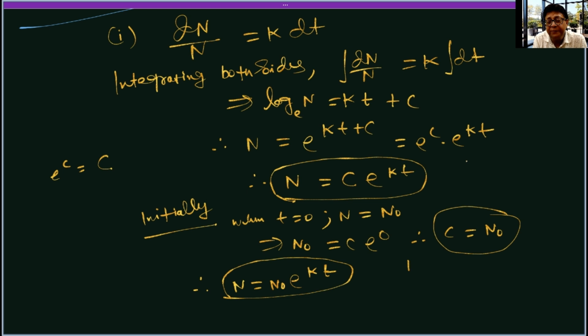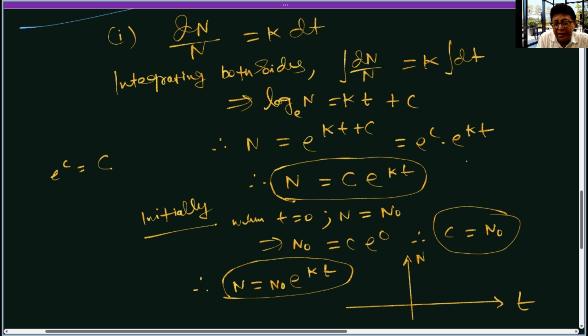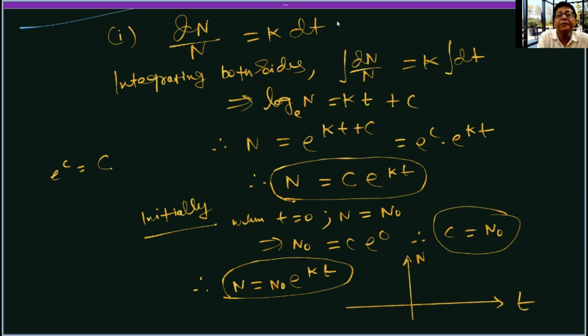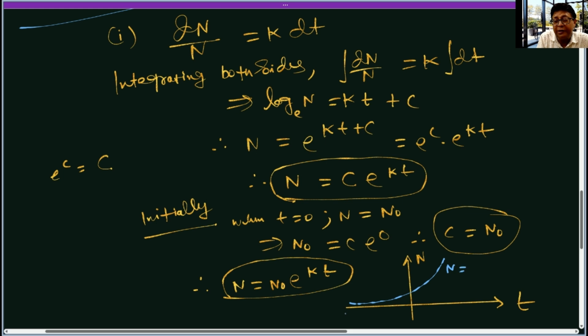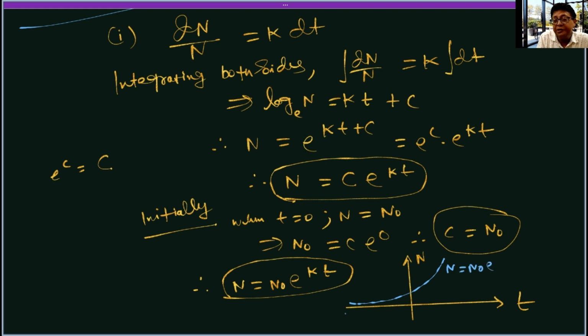And graphically, if you face any problem in the board paper where they are asking for a graph, whether on the growth model or on the decay model, you can draw the graph in this manner. This graph shows there is exponential growth. This is for N equal to N0 e to the power kt.